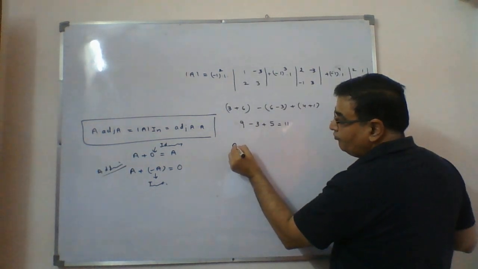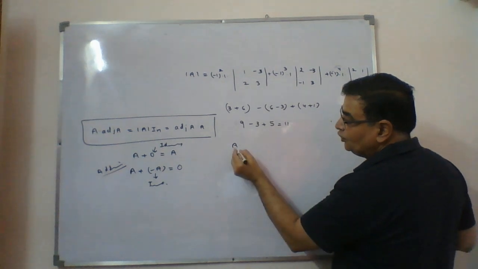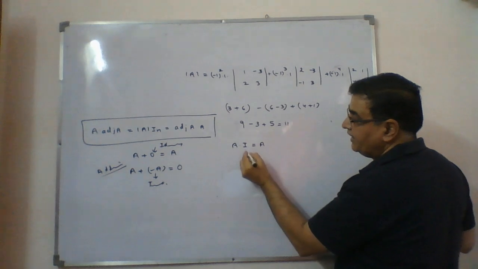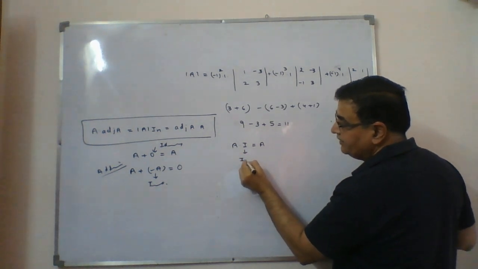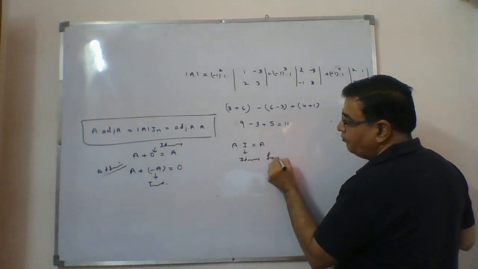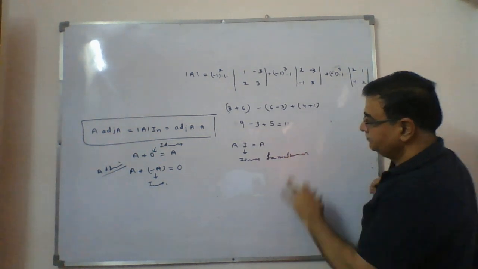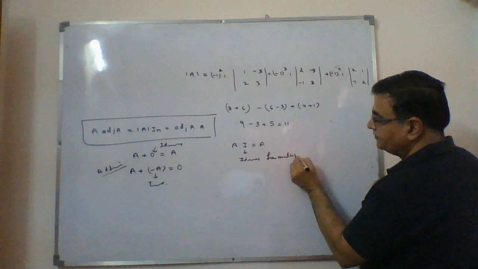At the same time, in multiplication, I told you A into I comes as A. Then I told you I is the identity for multiplication.